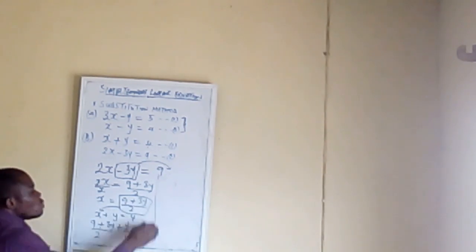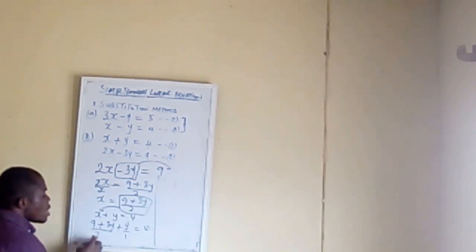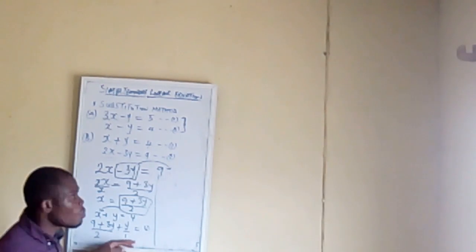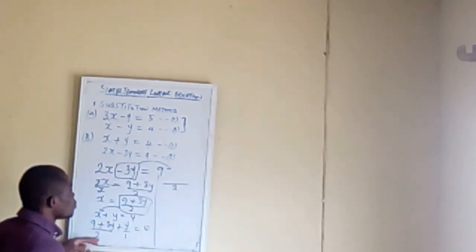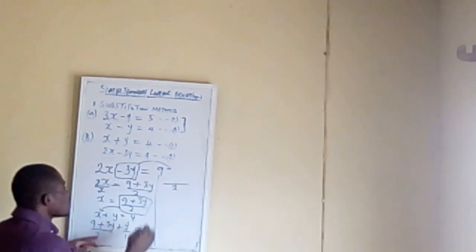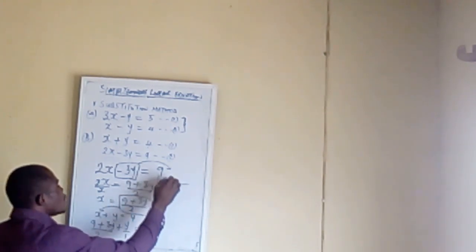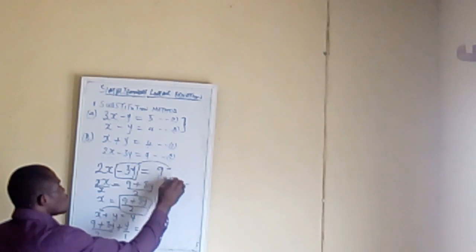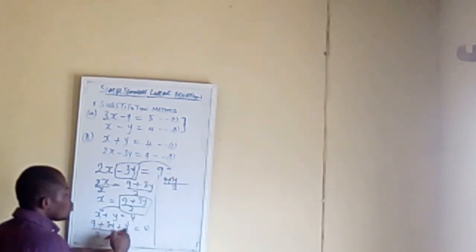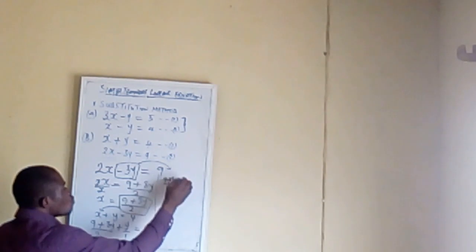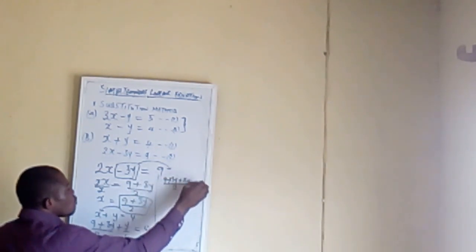In doing that, I have to use the LCM of 2 and 1, and the LCM is 2. So 2 divided by 2 is 1, that's 9 plus 3y, and 2 divided by 1 is 2, plus 2y equals 4.